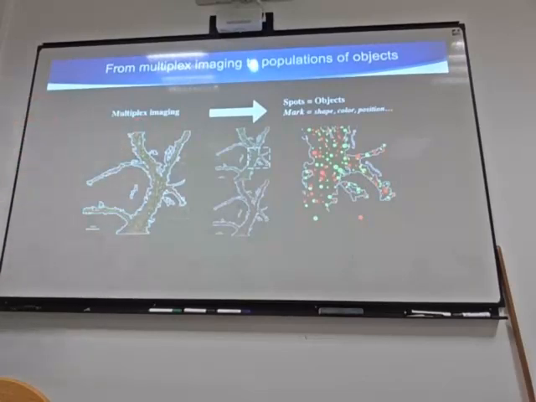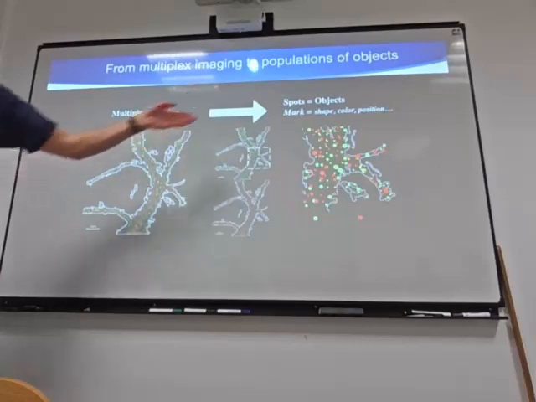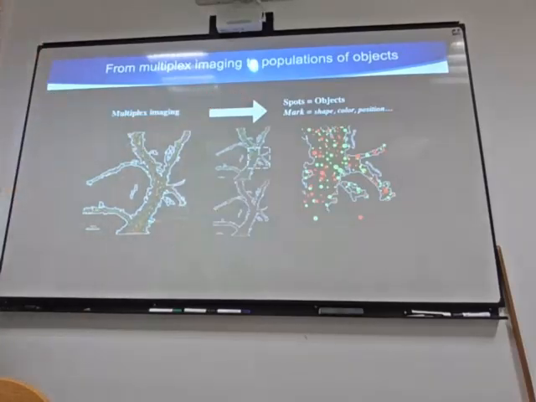And you have a lot of algorithms in image analysis to segment and extract these objects, and go into a mathematical formalism where the objects, the spots, have a position, but also a mark. This is why we call this type of process marked point processes. The point is a position, and the mark can be the shape or the color, not the position. Usually the position is in the point process.